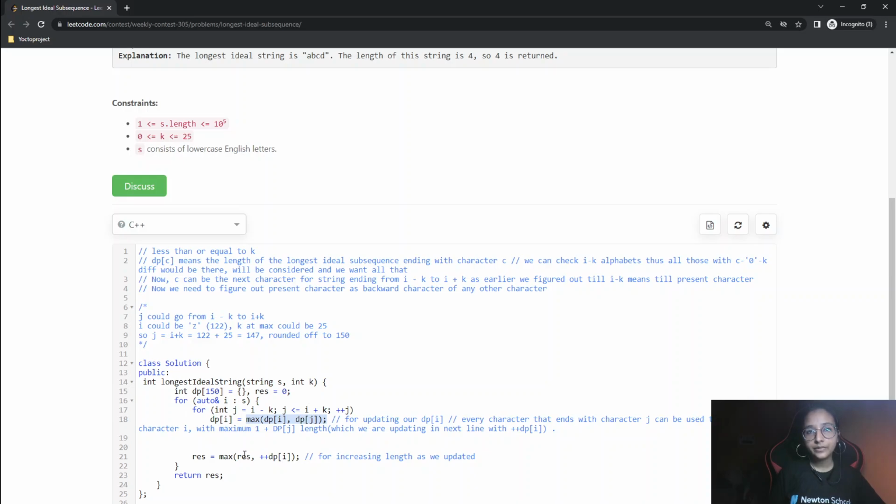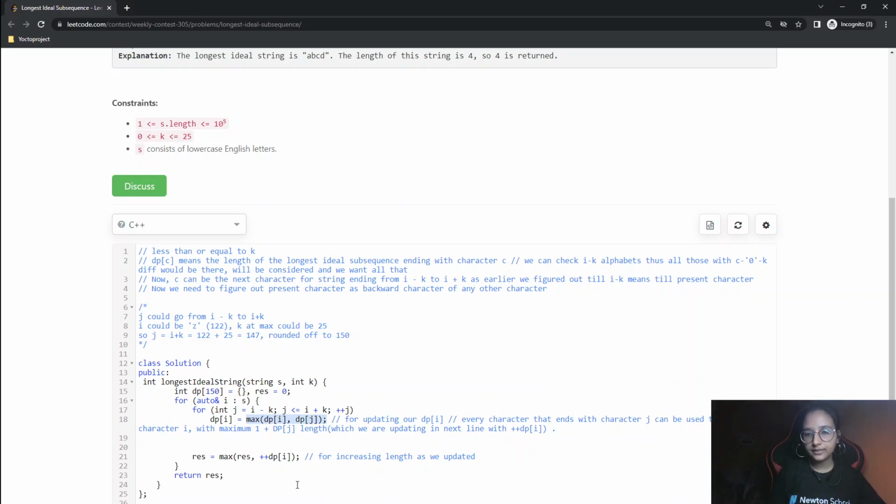So we put this maximum: if the previous node was the maximum then it stays, else the newly computed one is used. This is the step for increasing the length, which we update after this particular step, and at the end we'll return our result.